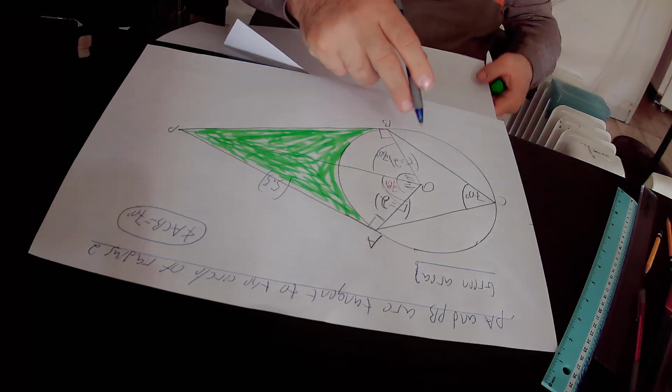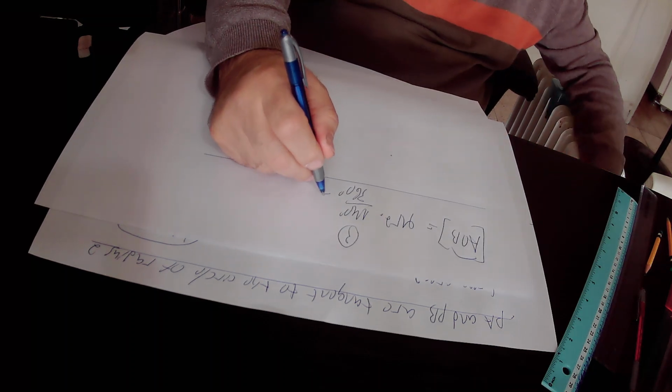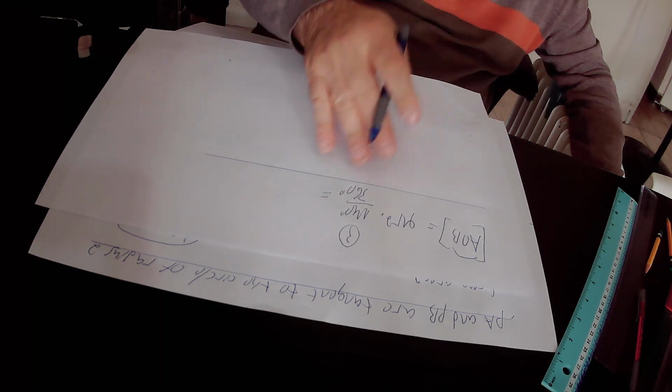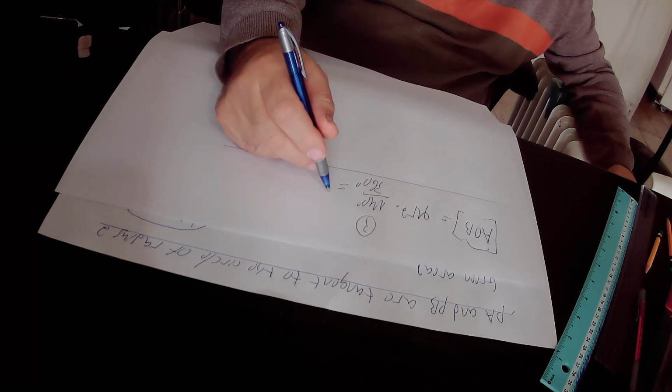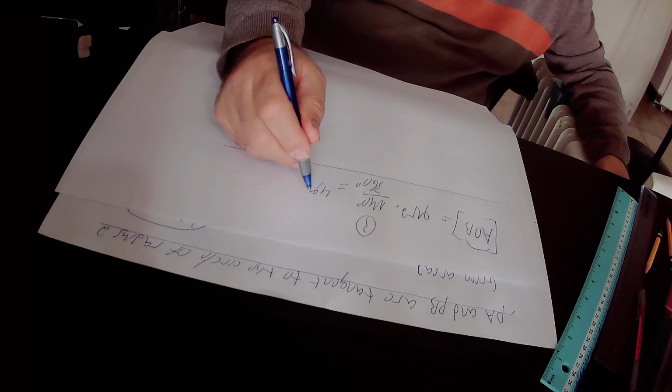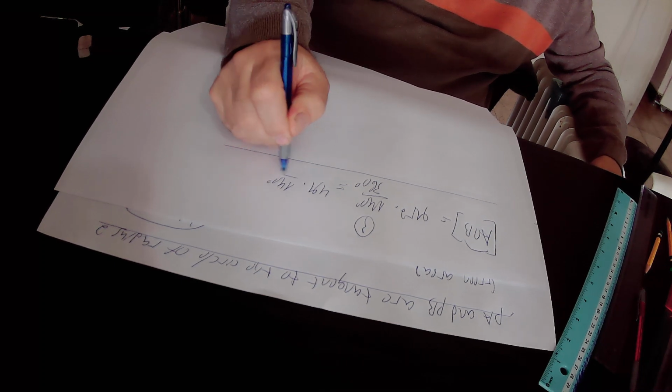The radius of this circle r equals 2, therefore r squared is 2 squared, that is 4. So the area of the circle that contains the sector is 4 pi times 140 degrees over 360 degrees.